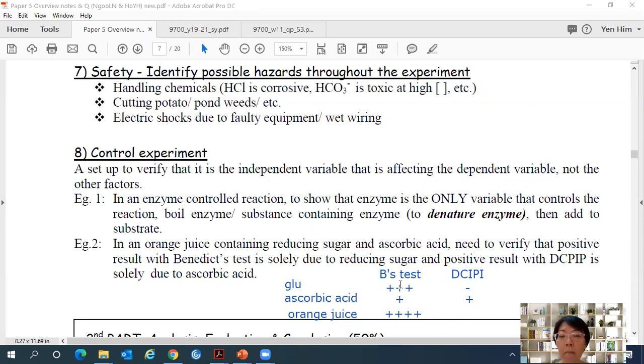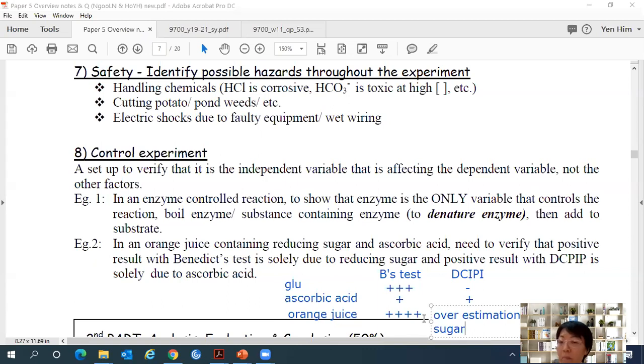So from my control experiment to verify Benedict's test and DCPIP, I can tell whether it is only glucose that gives a positive or both. Then I will know that this particular result is an overestimation of reducing sugar. Based on the result for Benedict's test, the positive is not only due to glucose, but also ascorbic acid.